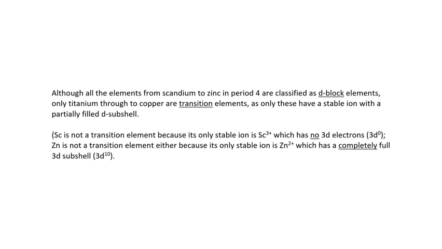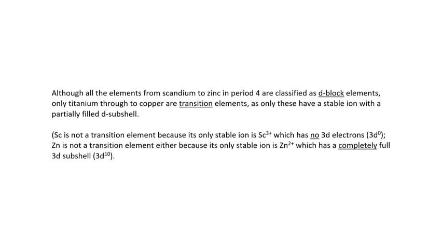Scandium is the first element in the d block, so the atom is 4s2 3d1, and what happens is that scandium only ever forms a 3+ ion, so its only stable ion is scandium 3+, and of course that means it's lost its 3d and it's lost its 4s, so it doesn't have an incomplete 3d subshell, it has an empty one, and because that's the only stable ion, it doesn't count as a transition element.